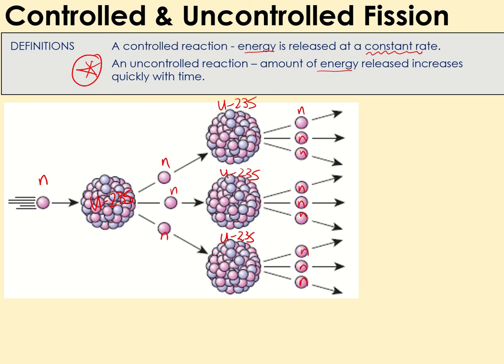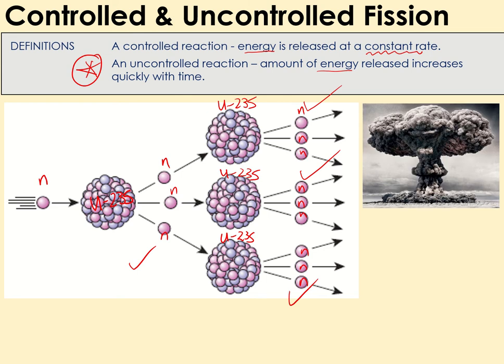Now each time that happens, there's going to be energy produced, energy produced, energy produced, energy produced. So when you've got this scenario, that is what we call uncontrolled fission, because we've gone from 1 to 3 to 9 neutrons very quickly, and that would continue to 27, 81. So this is uncontrolled fission, and that is what would happen in a nuclear bomb.